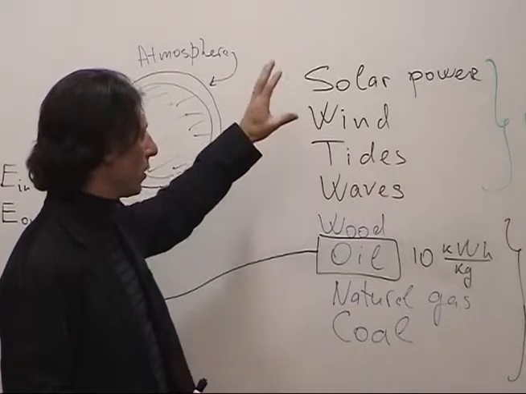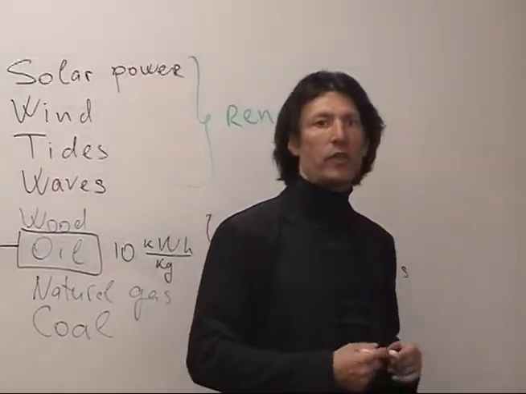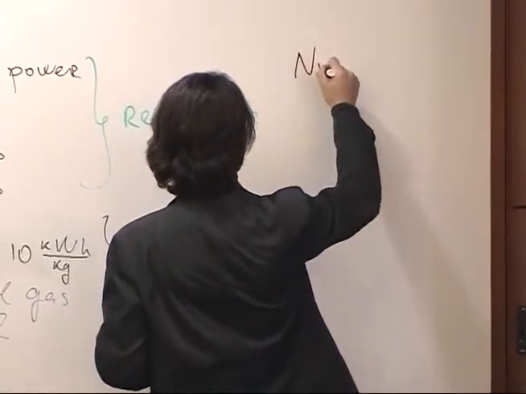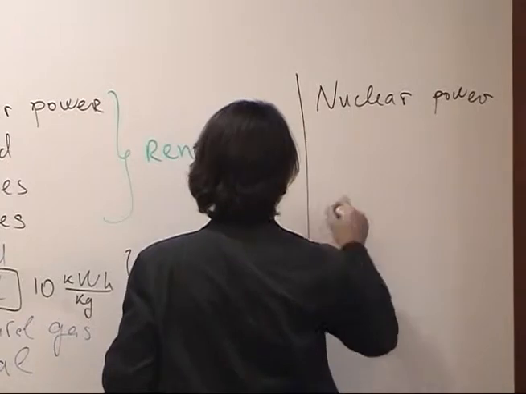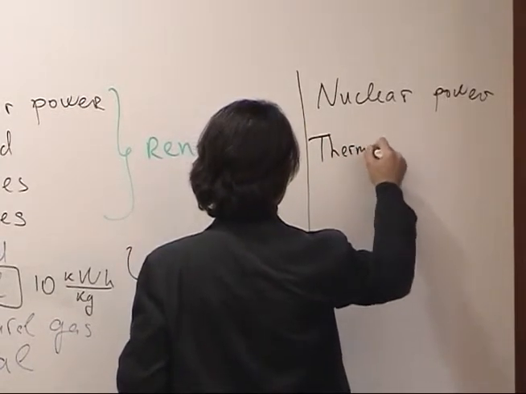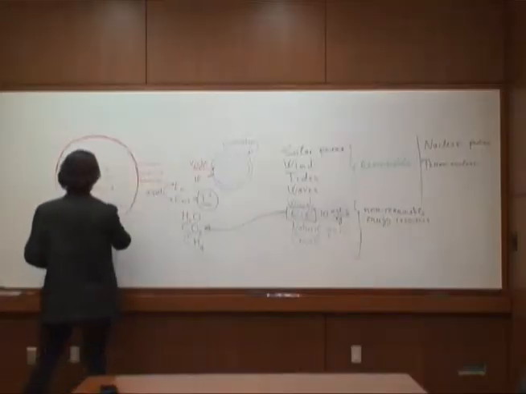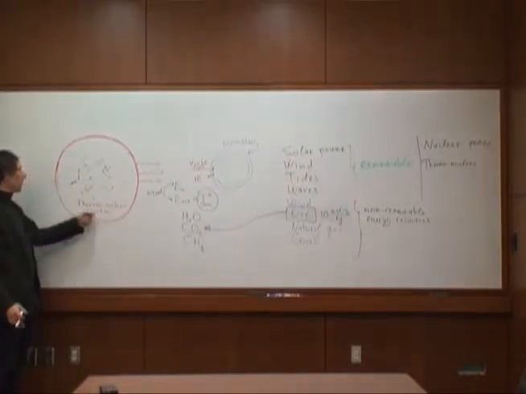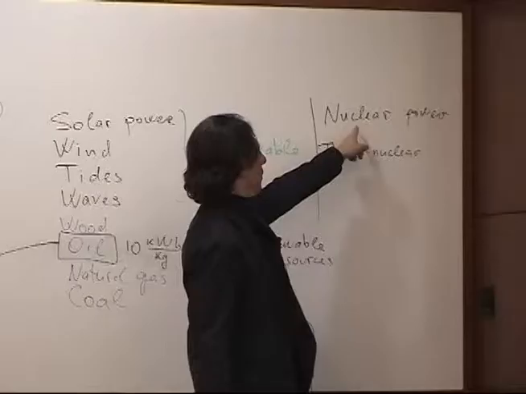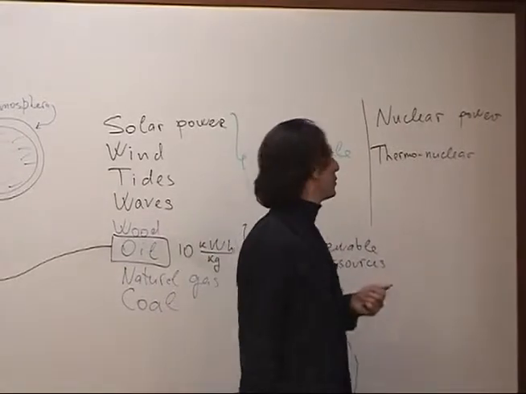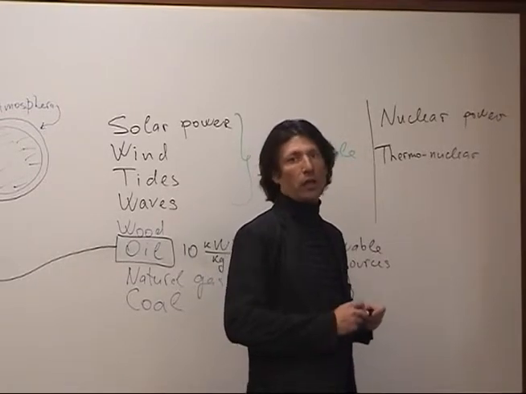In addition to these sources that I listed here, there is a possibility of using nuclear power and thermonuclear power, which is actually the same type of reactions that power the sun. These are not renewable resources.